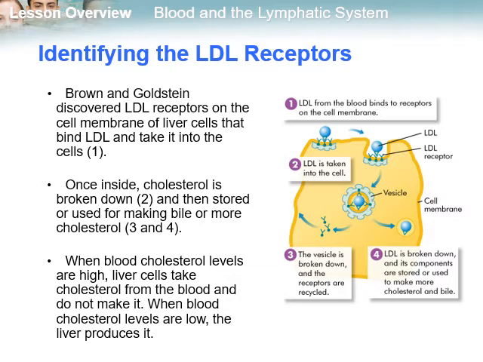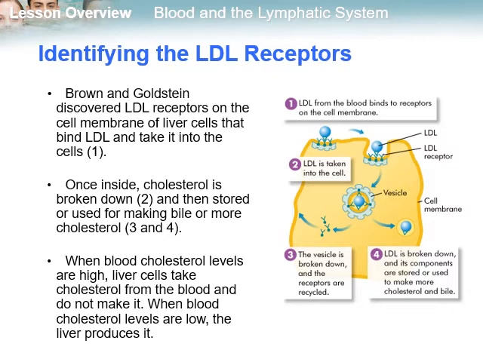Then the vesicles engulf the LDL into the inside of the cell. Then the vesicle is broken down and the receptors are recycled for another cycle. Finally, LDL is broken down and its components are stored or used to make more cholesterol and bile.